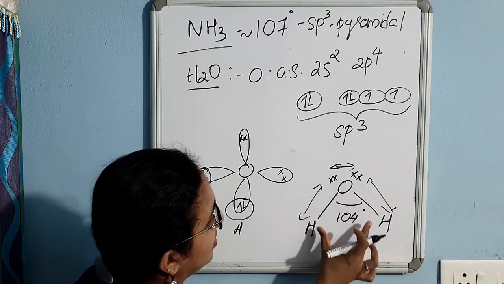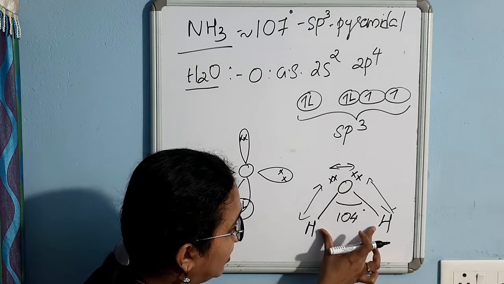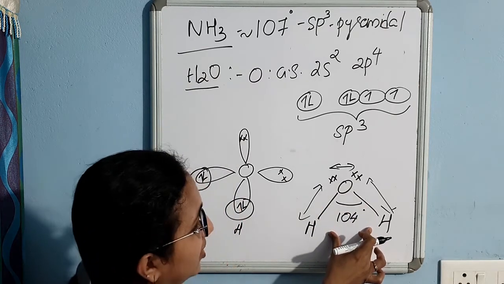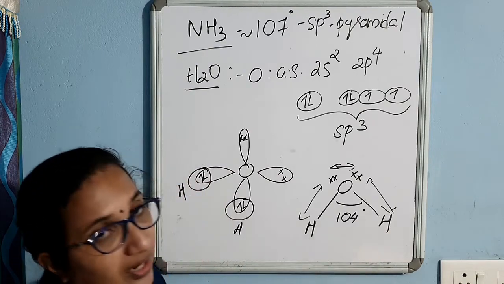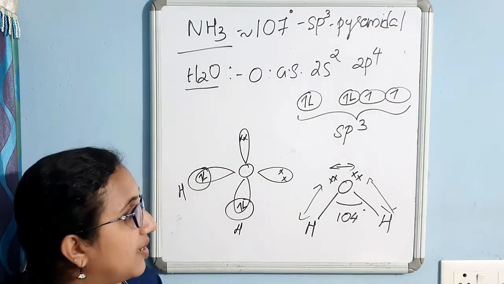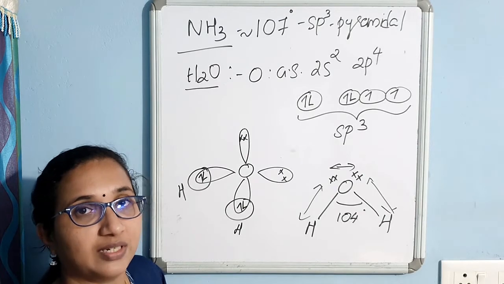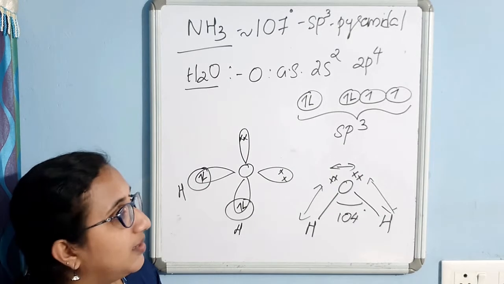So because of this, these two bond pairs shrink towards each other to make the bond angle 104 degree, so as to have minimum repulsion between the bond pairs as well as the lone pairs.